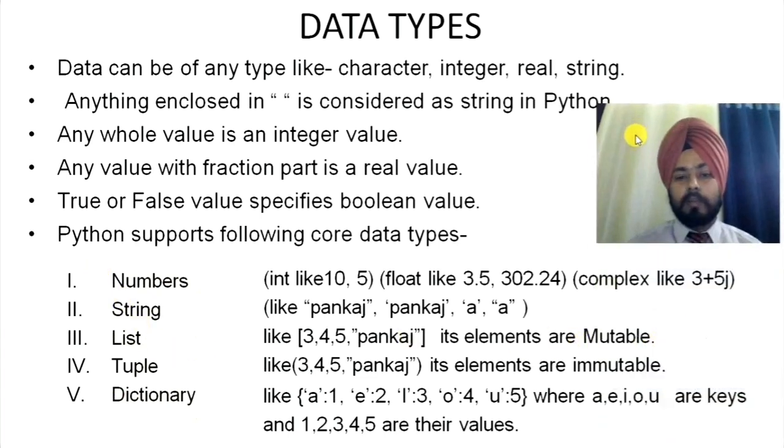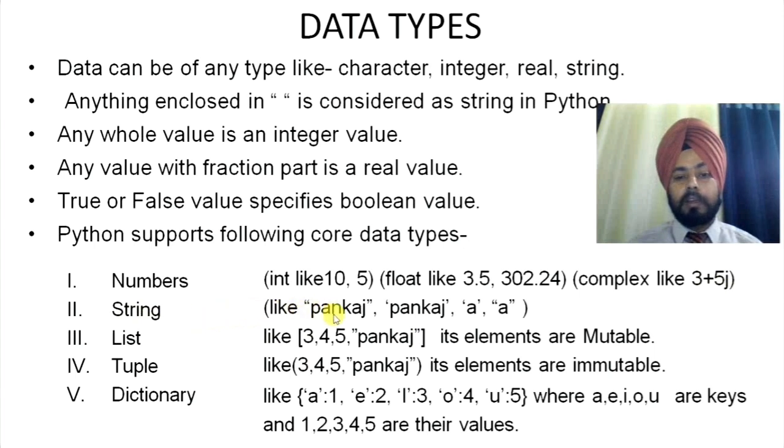These are examples of these data types. Numbers: integer, 10, 5, and floats. Float numbers are those with decimal points, like 3.5, 302.24. A complex number is a combination of numbers and alphabets.